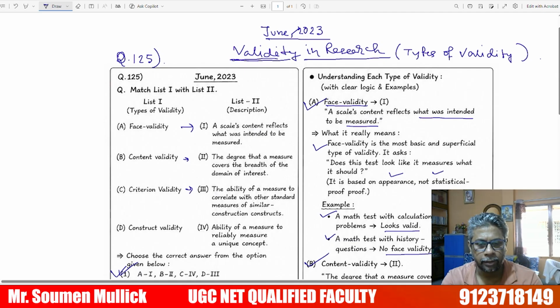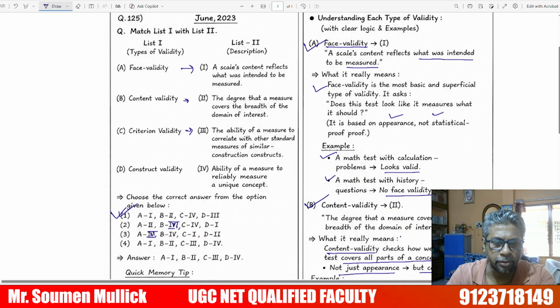Criterion validity, the ability of a measure to correlate with other standard measures of similar constructs, and construct validity, the ability of a measure to reliably measure a unique concept.